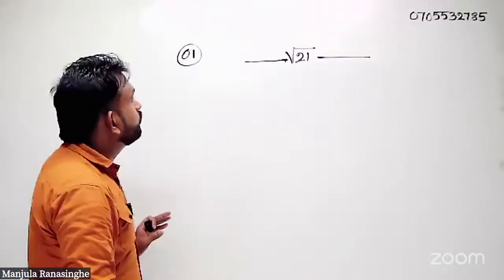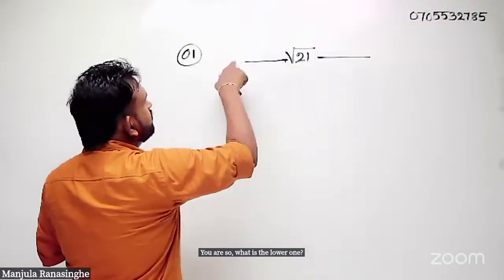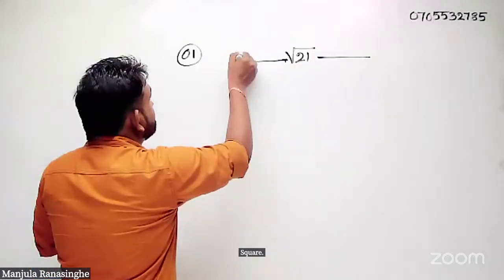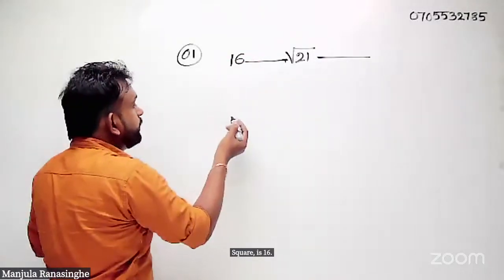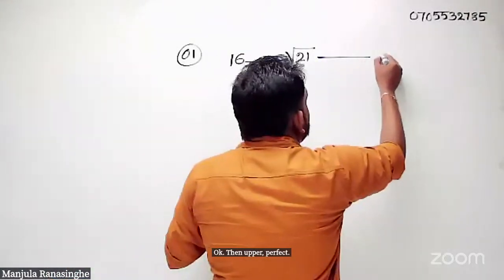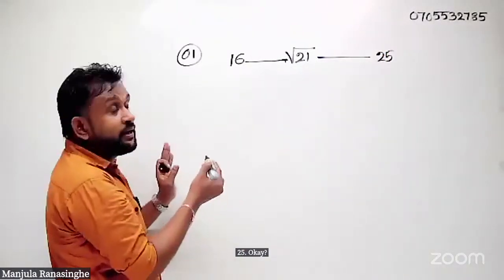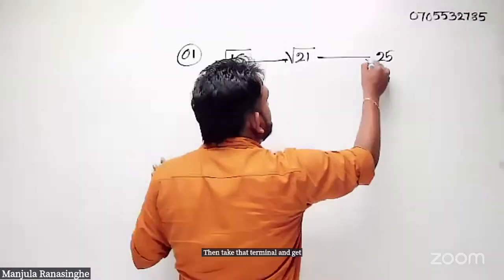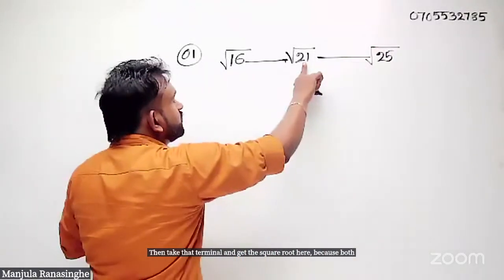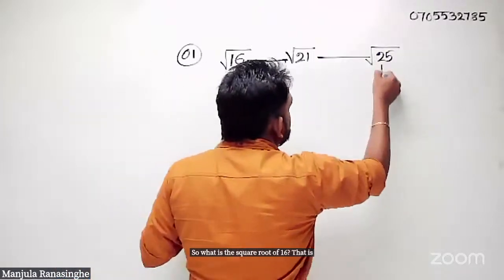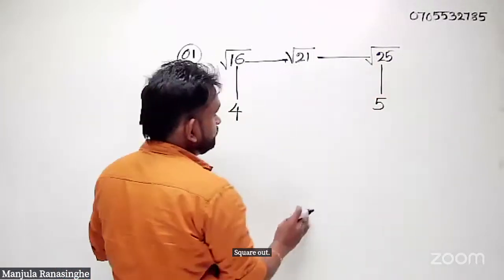The lower perfect square is 16, and the upper perfect square is 25. Taking the square roots, the square root of 16 is 4 and the square root of 25 is 5.